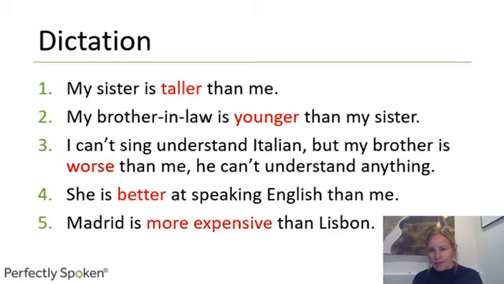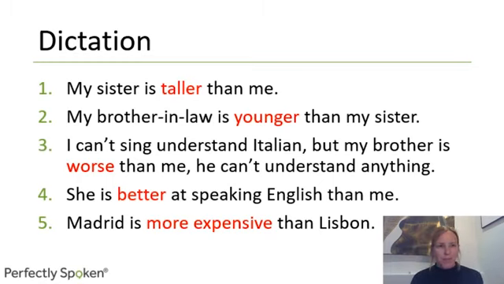Now, I also want to highlight here some grammar. Okay, so you can see taller, younger, worse, better, more expensive. What are these verb forms? Yes, exactly. They are comparative. So we've got tall, taller, young, younger, and then bad, worse, irregular, good, better, irregular, and expensive, more expensive.